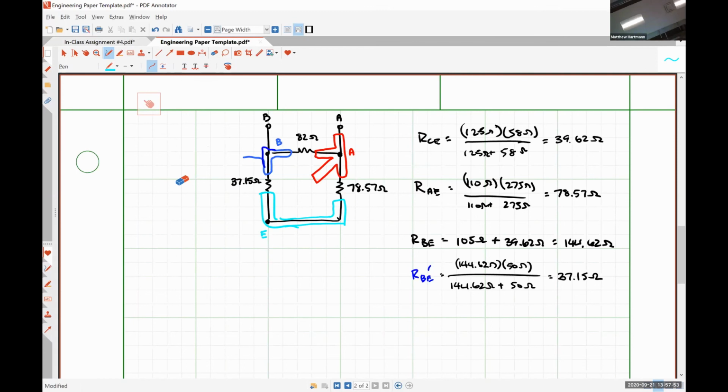So we're going to call that RBA. It's not black. And that's just 37.15 plus 78.57. And I can't do that in my head. 115.72. Alrighty, so I'm going to erase those guys.